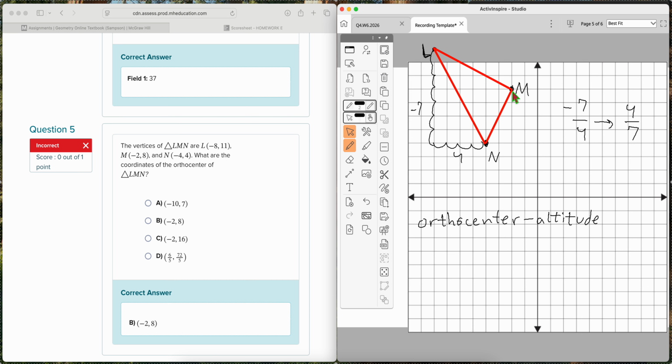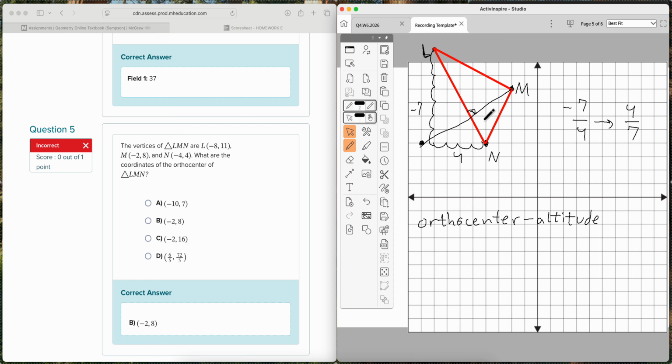So if I start at M and I follow this slope, 1, 2, 3, 4, 1, 2, 3, 4, 5, 6, 7. This is a perpendicular line.